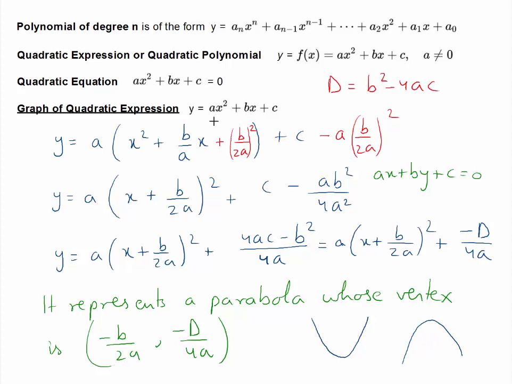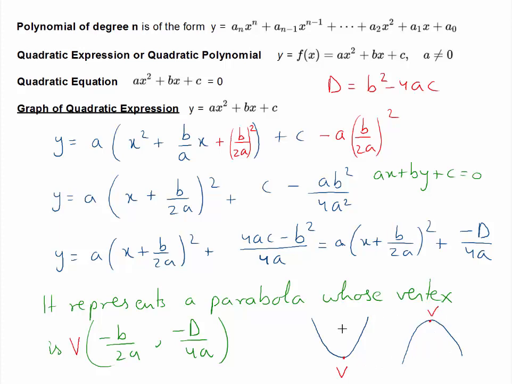Therefore the graph of a quadratic expression represents a parabola. Also, if we denote the vertex as capital V, then the vertex of this parabola is this point V, and for the downward parabola it is this point V.